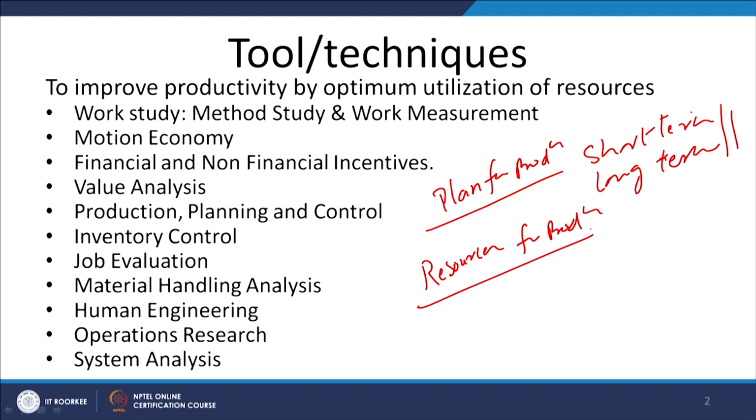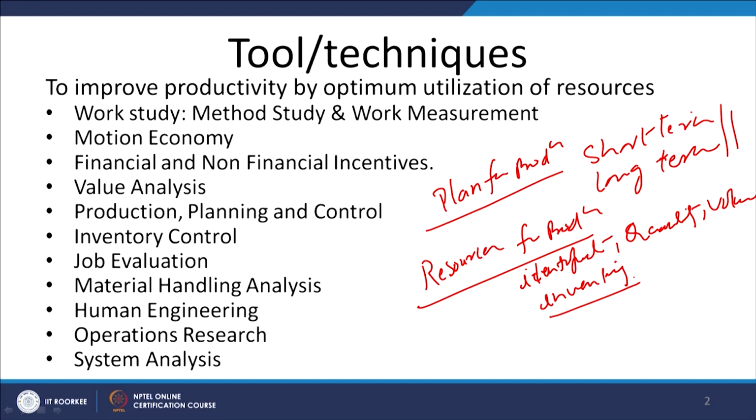So, whatever steps are related with the identification of the items, their quantity or the volume to be purchased, and the kind of inventory that is to be maintained.